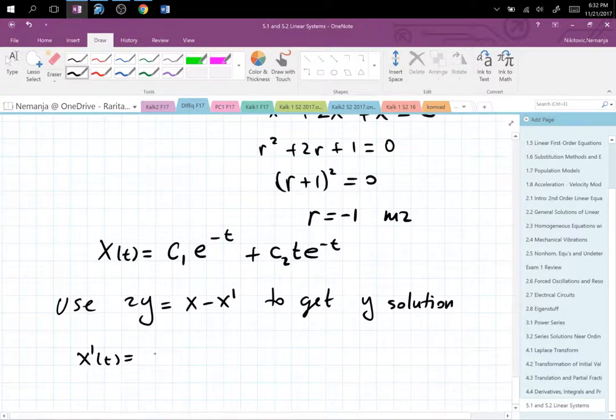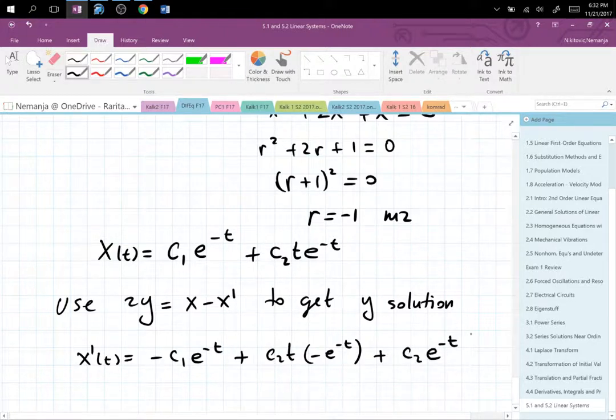So x prime is negative c1 e to the negative t plus the product rule over there. So copy the first times the derivative of the second plus copy the second and the derivative of the first. There we go.